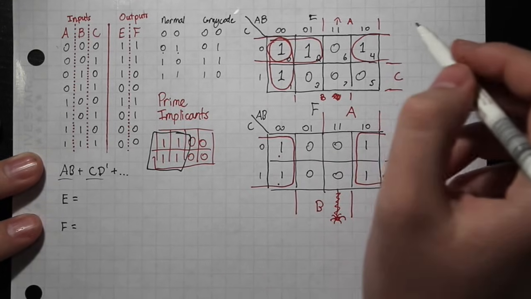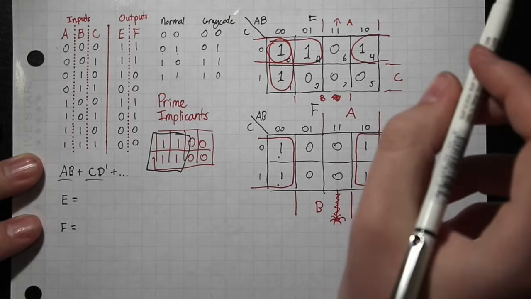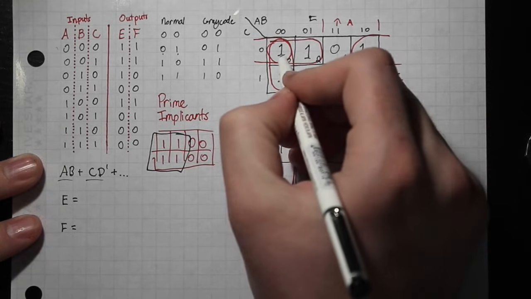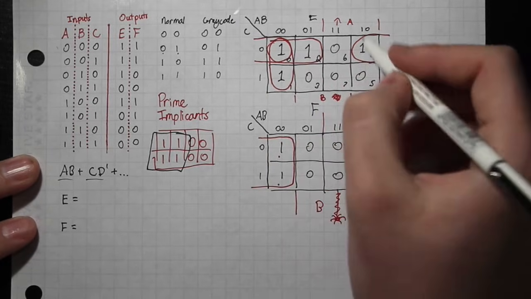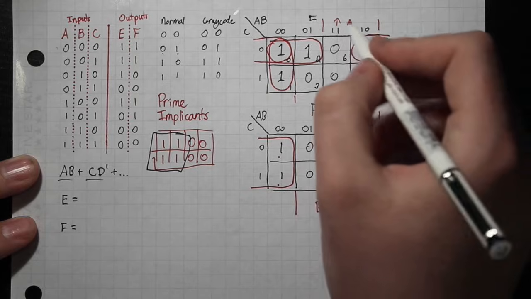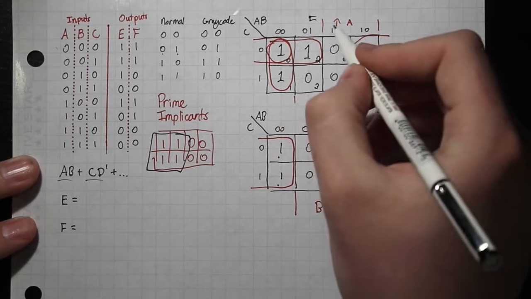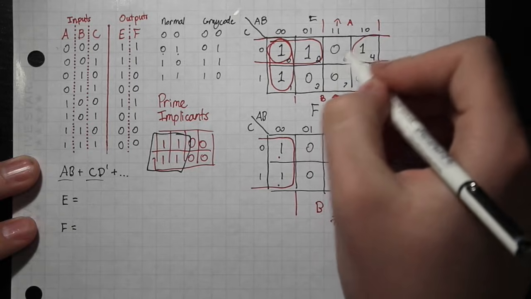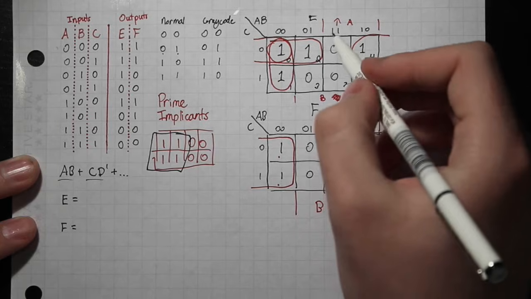The first implicant I'm going to focus on, let's see, what's the easiest one first? I guess it would be these two. So these 2 ones, they're circled right here. If we look at the regions in which they lie, we can see that it's only in the region where A is asserted. Remember, if you look up here, A is asserted only in these right 4 elements.